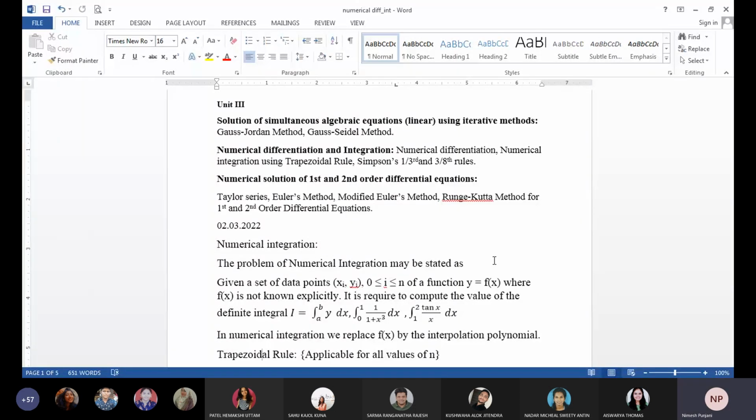The application of numerical integration is in the integral from a to b of y dx. The integral from a to b of y dx gives you the area below the curve y equals f of x between the lines x equals a and x equals b.